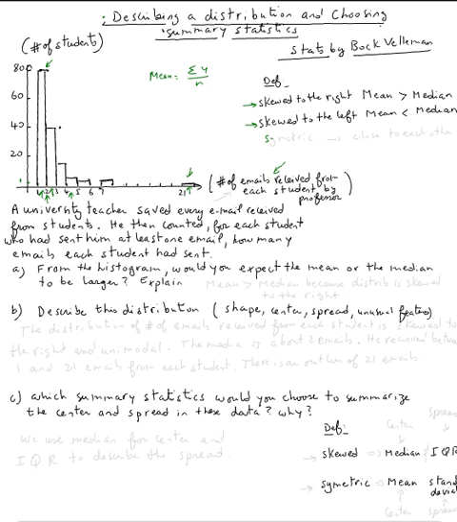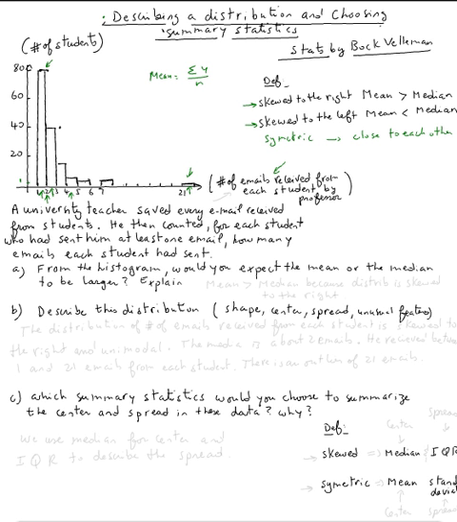Actually, when it's symmetric, the median and the mean are close to each other. But of course, a better approximation for symmetric will always be the mean.